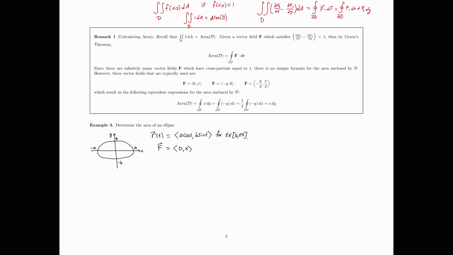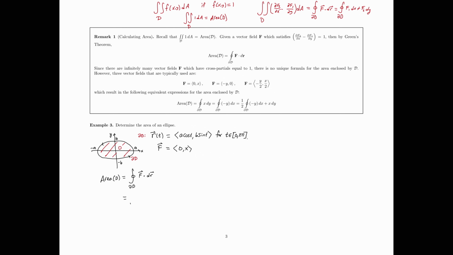Let's say that the interior here is D, and since it's Green's theorem, let's orient this curve counterclockwise, and that curve is the boundary of D. That's exactly what r is parameterizing, the boundary of D. So the area of D can be found by computing this line integral using this vector field.